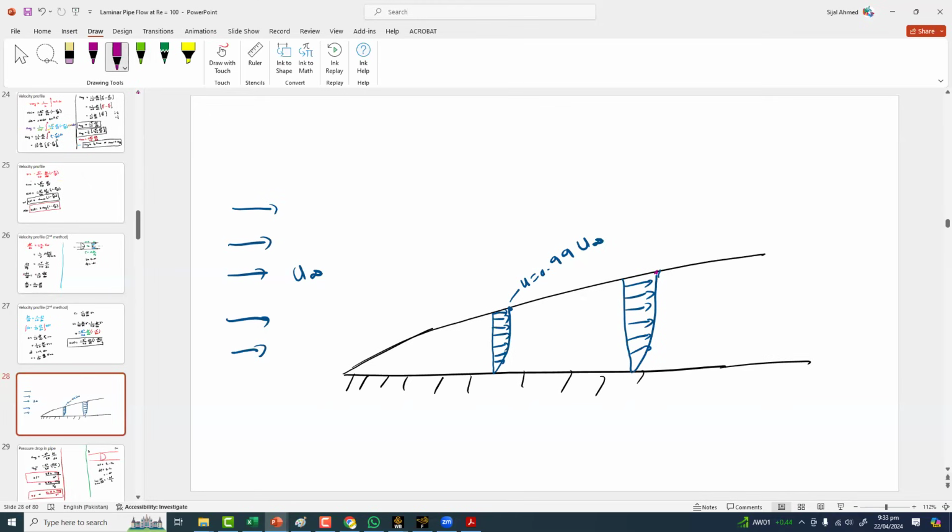Let's say this height is 0.2 meters. I want to resolve this profile, so I need more points here, and maybe fewer cells over here. So I will make the mesh in this way so that it can cover the points like this.